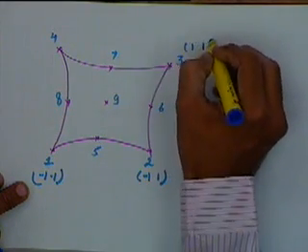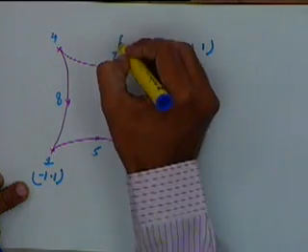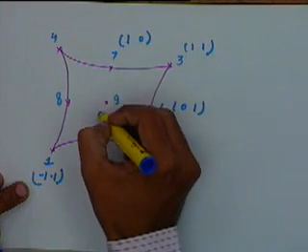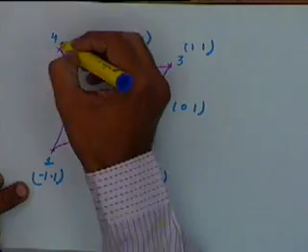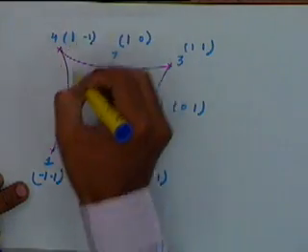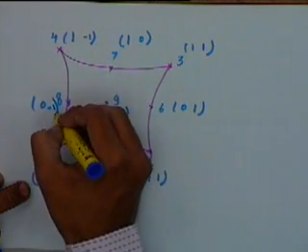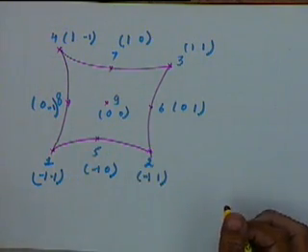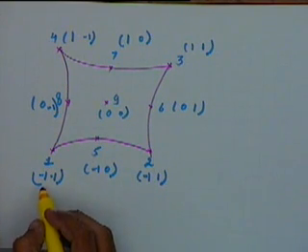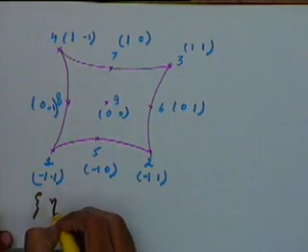This has 1, 1, this will have 0, 1, this has 1, 0, this will have 0, 0, this has -1, 0, this will have 1, -1, and this will have 0, -1. Now we need to define 9 shape functions for this. Again, these are the zeta and eta values.